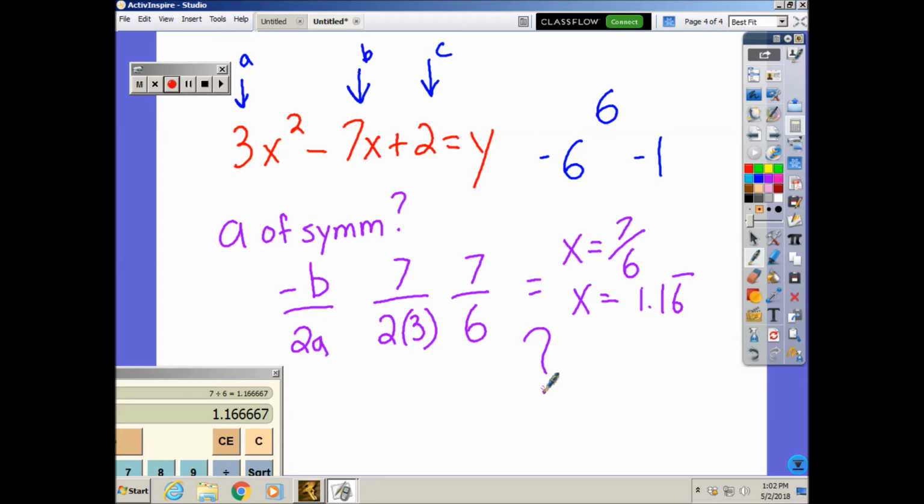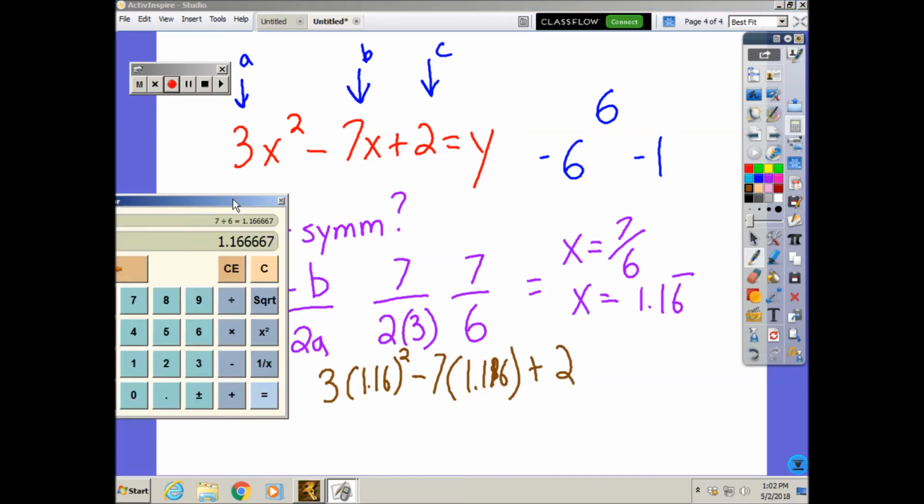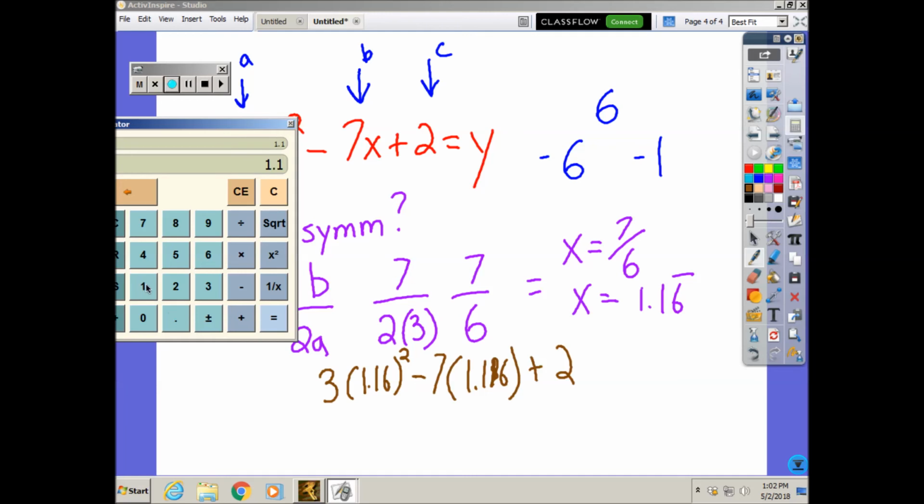Then I need to take this 1.16 and plug it into this equation. That means I'm going to actually have 3 times 1.16 squared minus 7 times 1.16 plus 2. 1.16 squared is that.